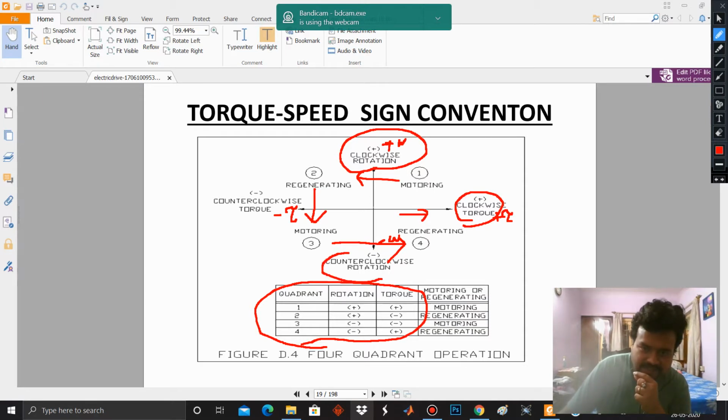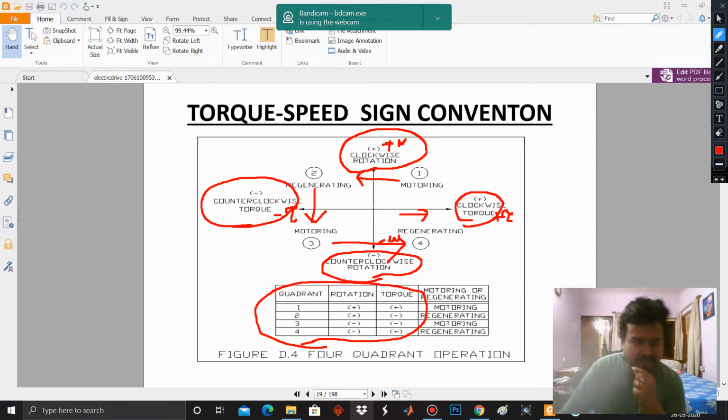Negative speed means counterclockwise or anti-clockwise rotation. And negative torque means counterclockwise or anti-clockwise torque. So these sign conventions you have to remember, and what is meant by positive and negative of each of the parameters, that is torque and speed, you have to remember.